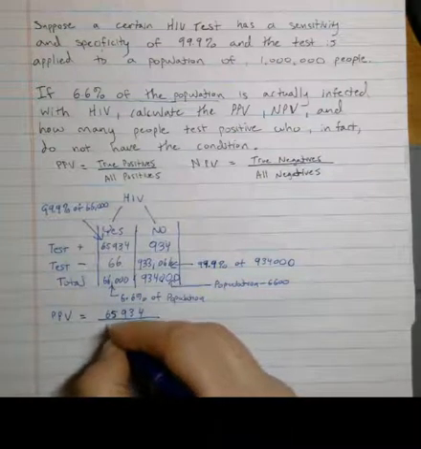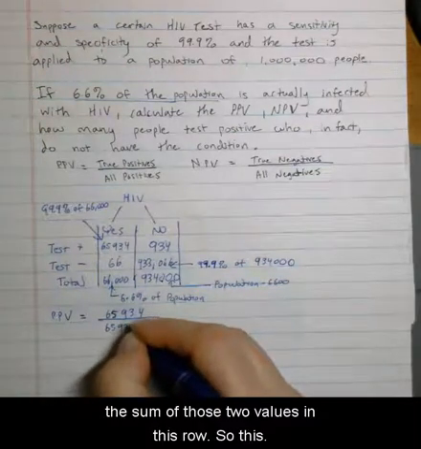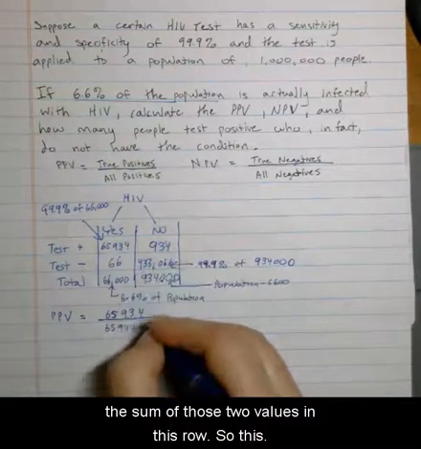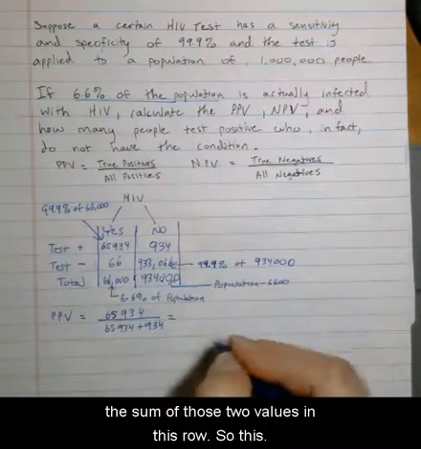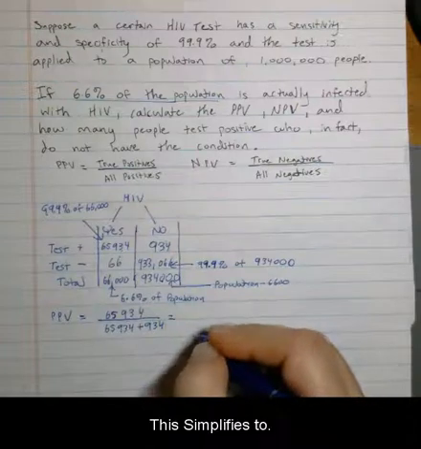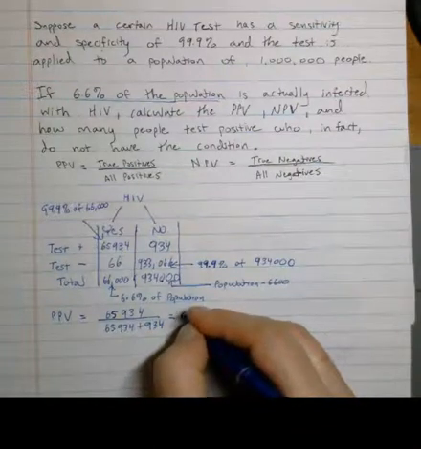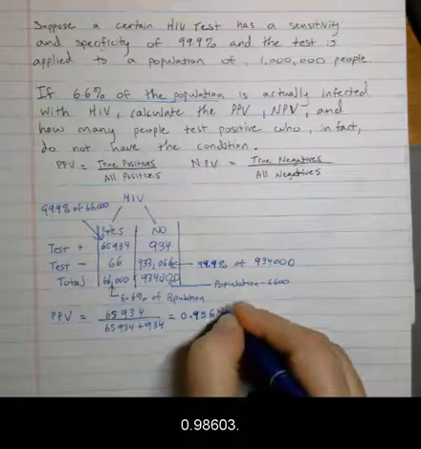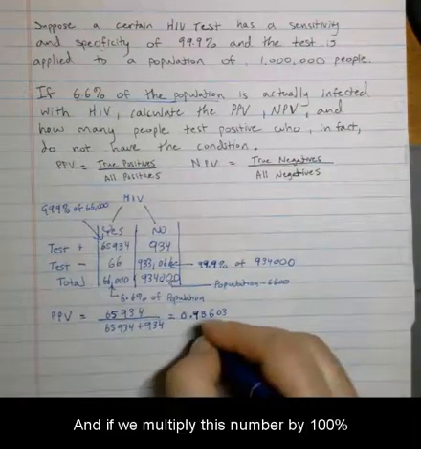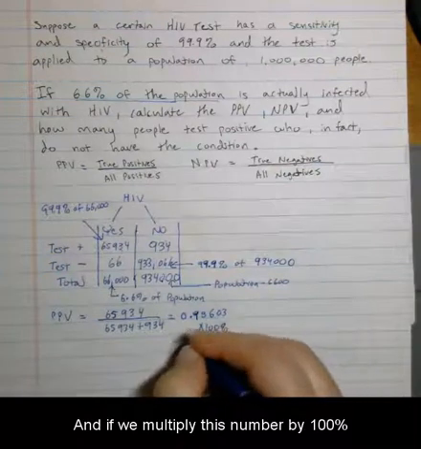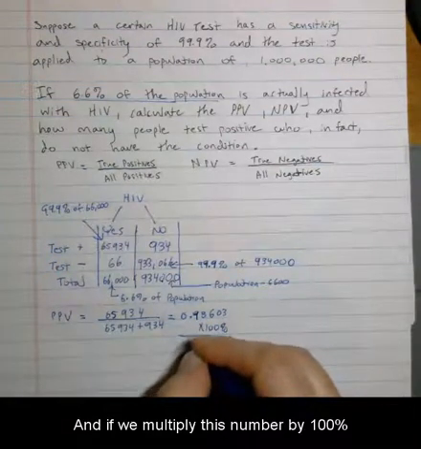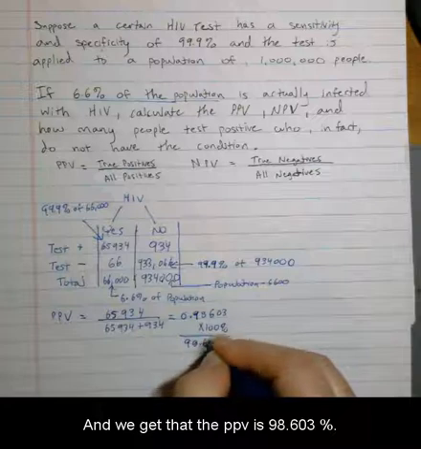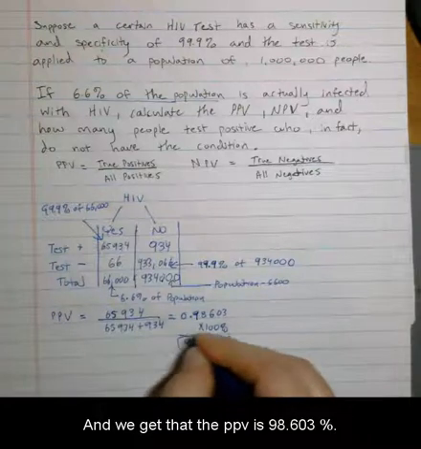So that's the sum of those two values in this row. So this simplifies to 0.98603. And if we multiply this number by 100%, then we get that the PPV is 98.603%.